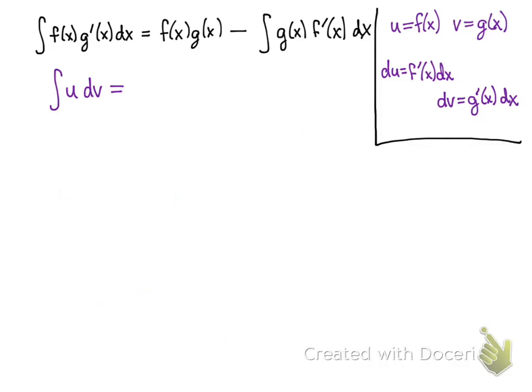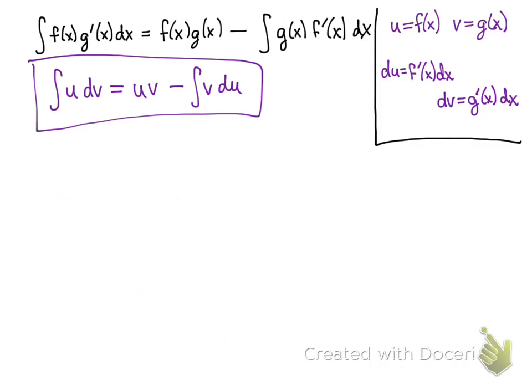On the right-hand side, I have f of x, g of x, and that's uv, minus another integral, and this integral is of g of x, f prime of x dx, so that's v du. This is the same formula as the previous one. This is just written differently, and I think it's easier to remember. So the way I remember the integration by parts formula is the integral of u dv equals uv minus the integral of v du. So how do you use this?